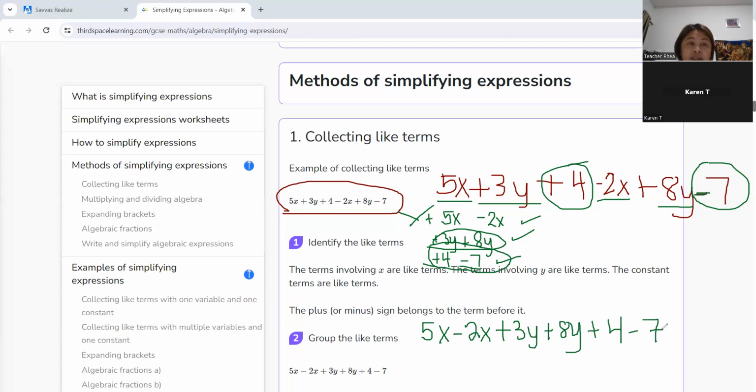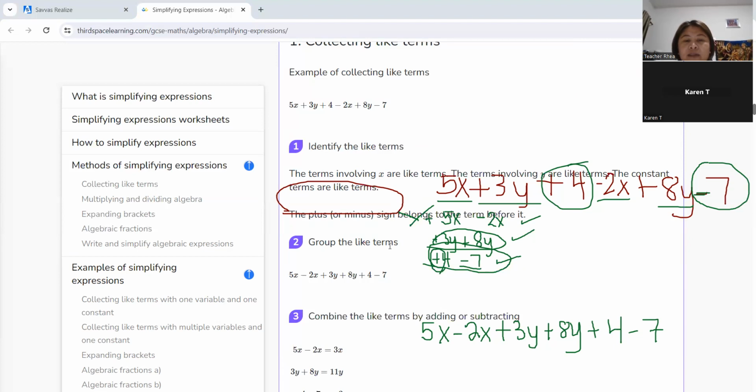That is why it is necessary to put the signs. When you list down the like terms, you need to include the sign so that when you group them and rewrite the algebraic expression, you will not get confused about whether it is a plus or a minus. So Yousif, don't forget to include the negative or positive signs when you list down the like terms.